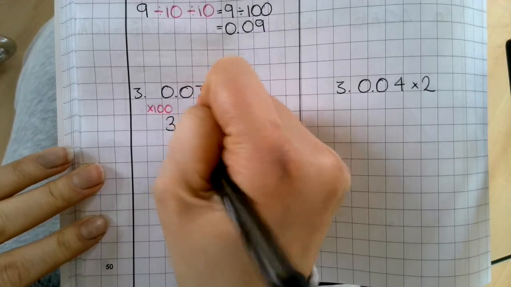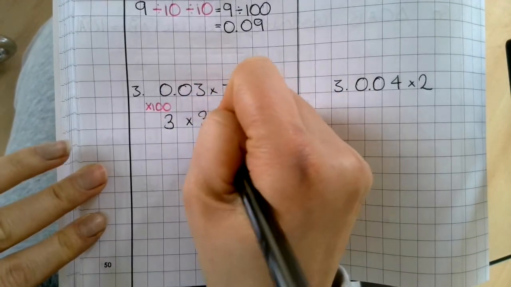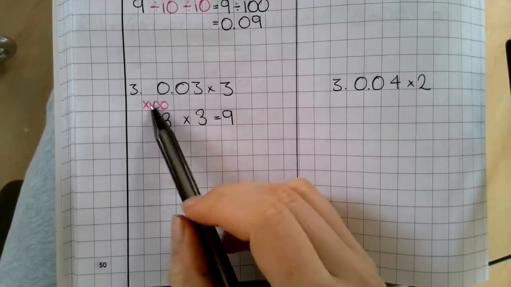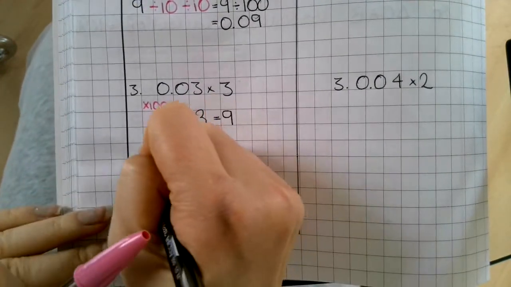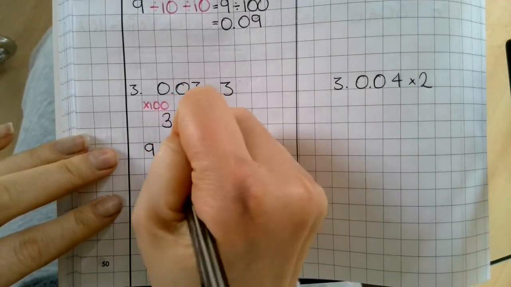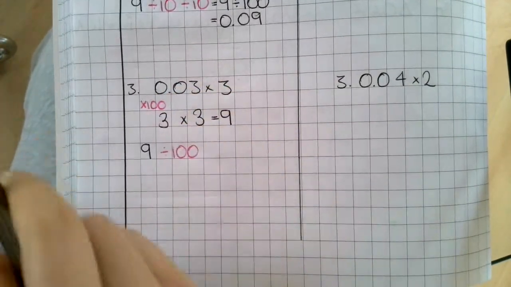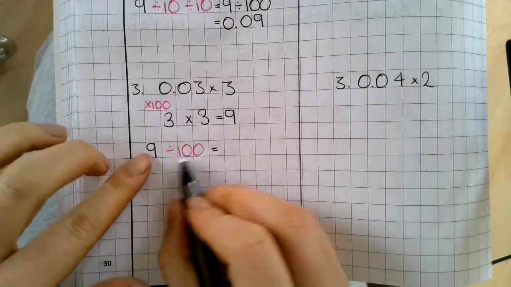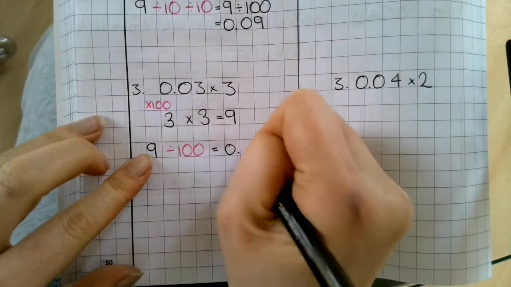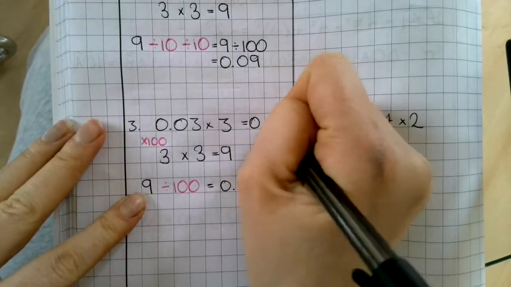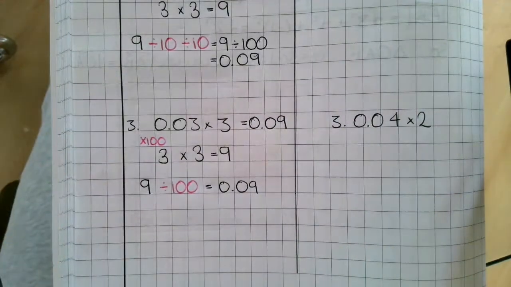So again, 3 times 3, that's equal to 9. And I need to undo that multiplication of 100. So I'm doing the inverse of multiplying by 100, which is dividing by 100. 9 divided by 100, that's 0.09. So my answer for 3 is 0.09.